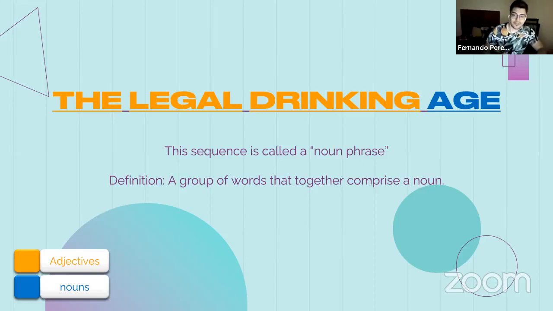Today, we are not going to use verbs. For this topic, we are not going to use verbs. We are going to use adjectives before the noun, which is a rule for adjectives in English.